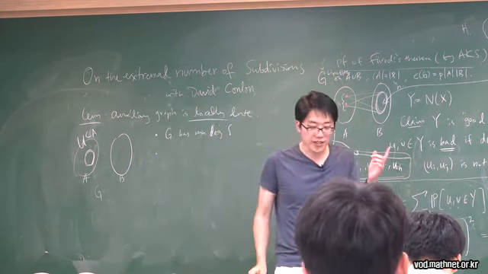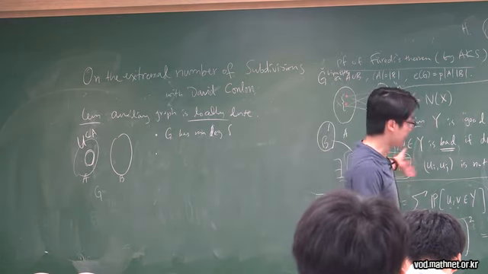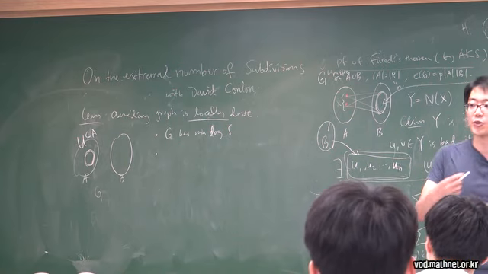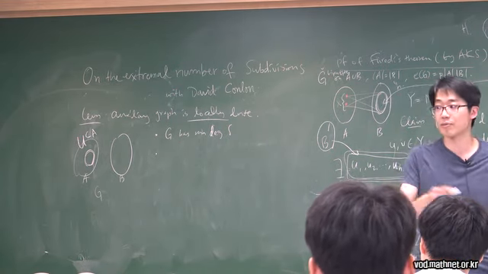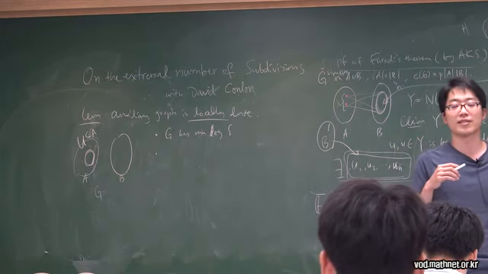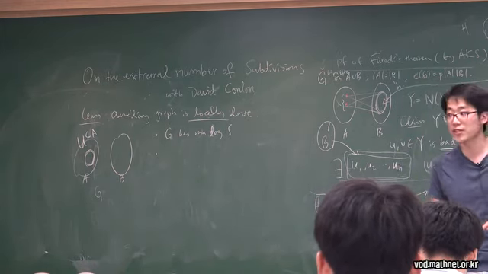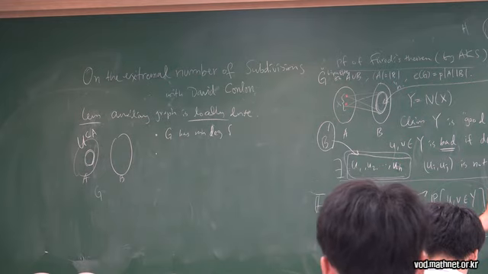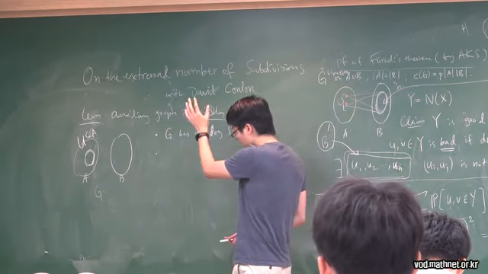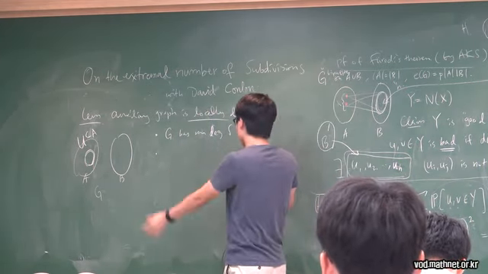One tip is that when you deal with extremal graph theory questions, you may just assume that your minimum and maximum degrees are off by a constant from the average degree. There's a standard lemma by Erdős and Simonovits which allows us to assume so. So we may assume the minimum degree is not ridiculously small.